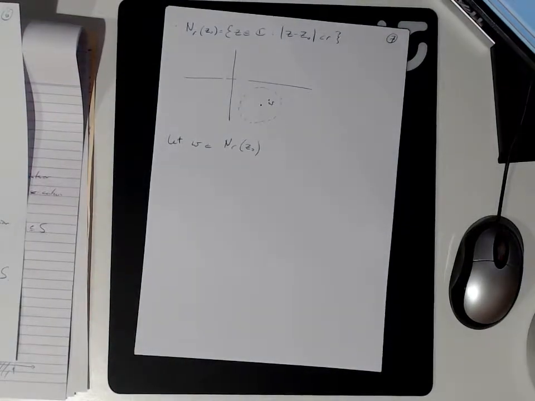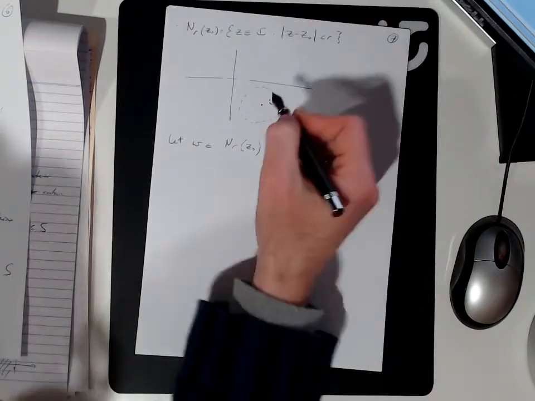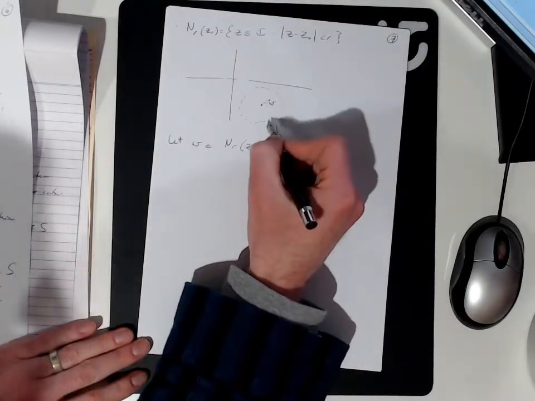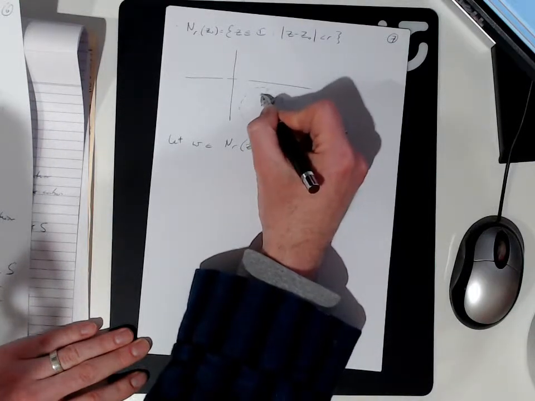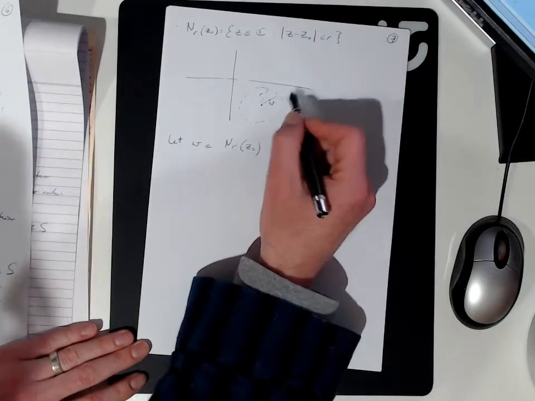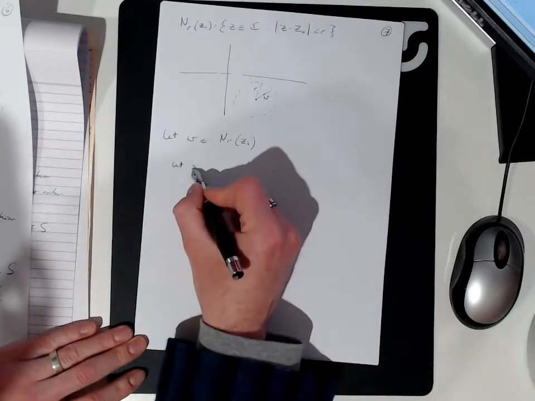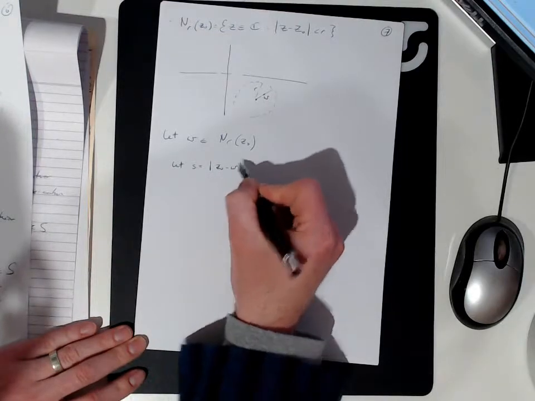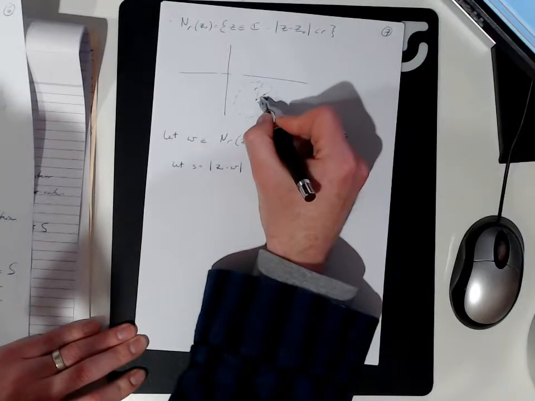We need to find a neighborhood that contains w that's also contained in here. So w will have some distance from the origin, and we know that the radius is r, and we know what w is. So we're going to let s equal the modulus of z0 minus w, and from before we know that that is the length of this line here.